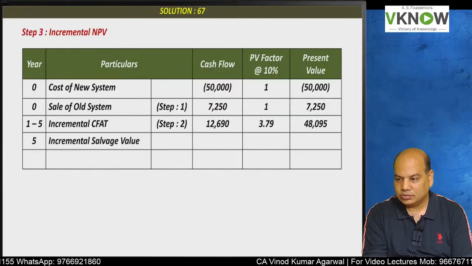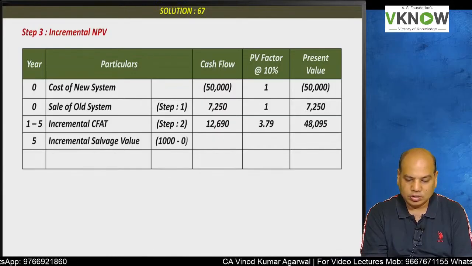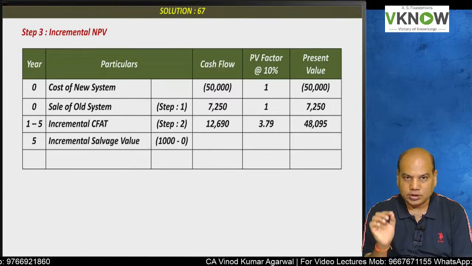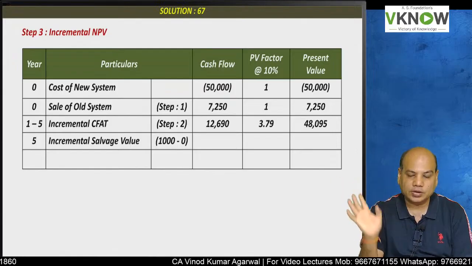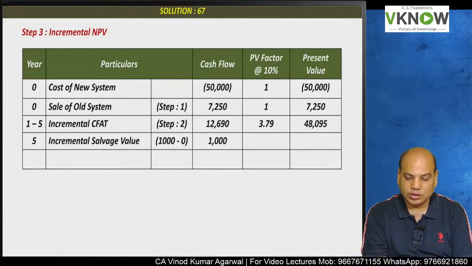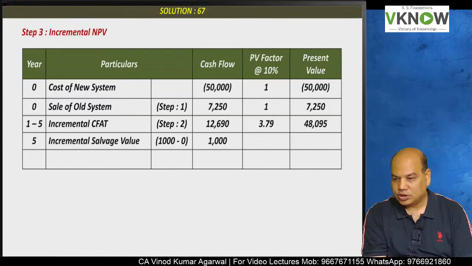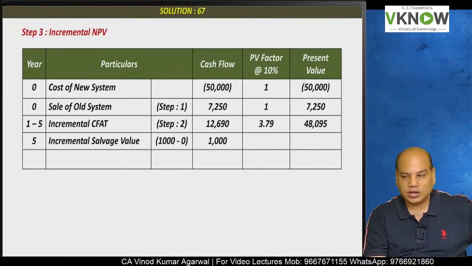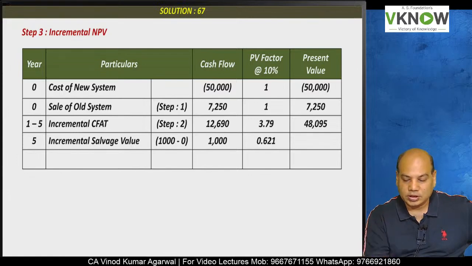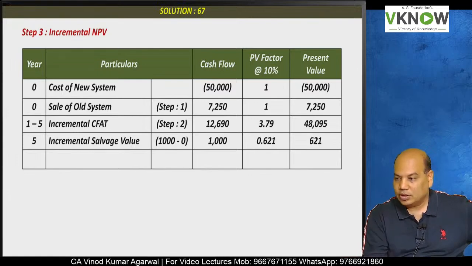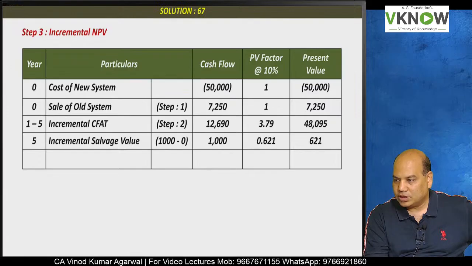Incremental salvage value: from the new system you will get 1,000. Old system has 0 scrap value after 5 years. So incremental is 1,000, calculation in bracket 1,000 minus 0. Everything should be written, nothing should be written directly. This is a professional exam. They want some professional competence from you.